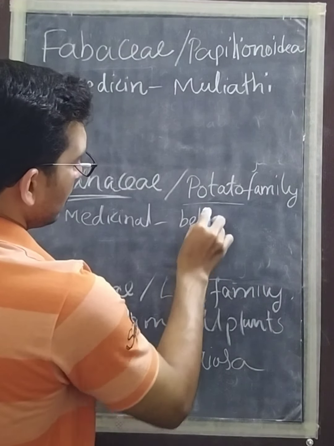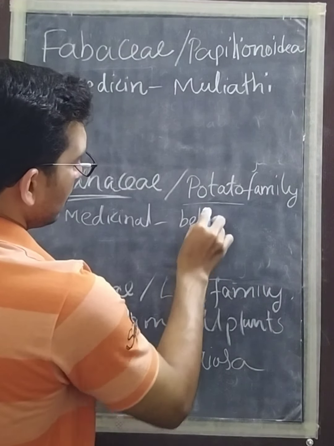These are good medicinal plants in the family Solanaceae. When it comes to the medicinal plants of Liliaceae, we have aloe vera. So aloe is one example of medicinal plants which are included in the family Liliaceae.